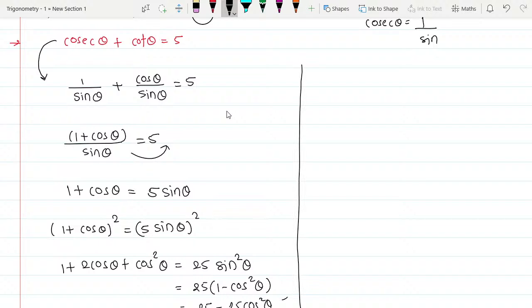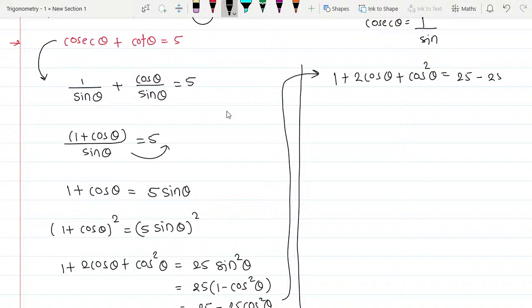So let me start from this. I will write the whole equation here. 1 plus 2 cos theta plus cos square theta, which is equal to, this last step I am writing, 25 minus 25 cos square theta. Is it okay?